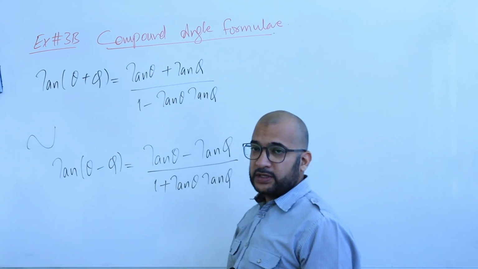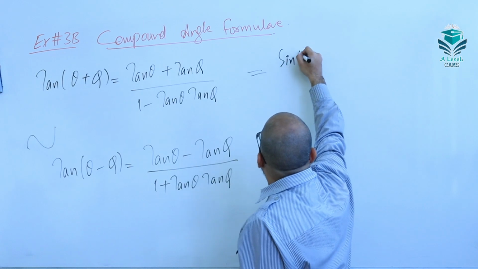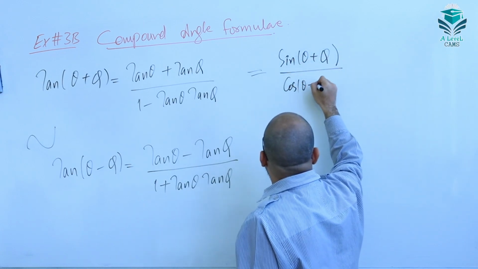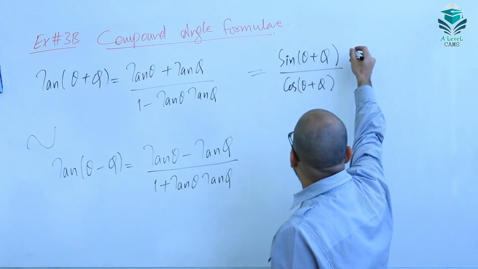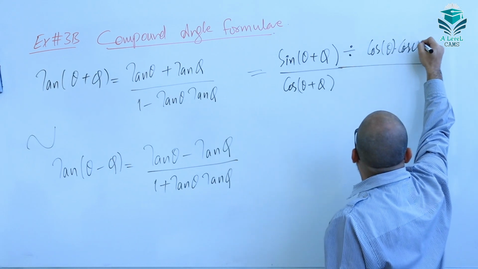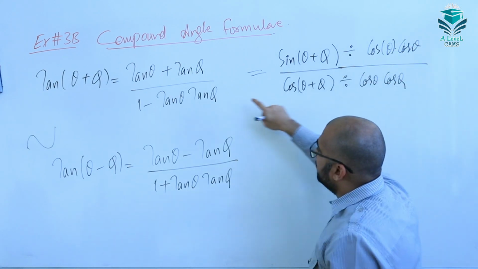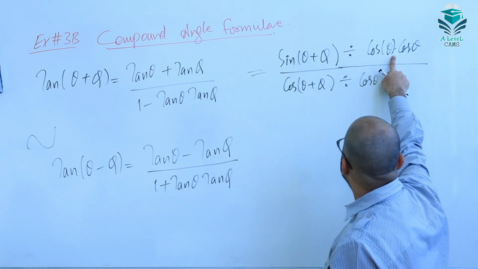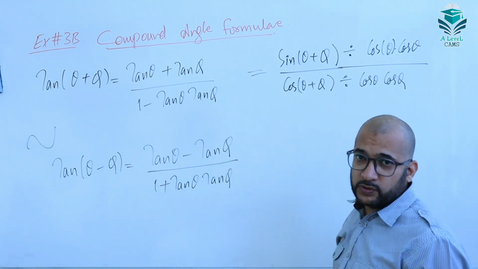Dear students, tangent of theta plus phi is equal to sine of theta plus phi over cos of theta plus phi, and you divide by cos theta cos phi, and you will get this relation. And similarly for the other, you divide by cos theta cos phi and you will get this relation. It is not a difficult task, you can do it.